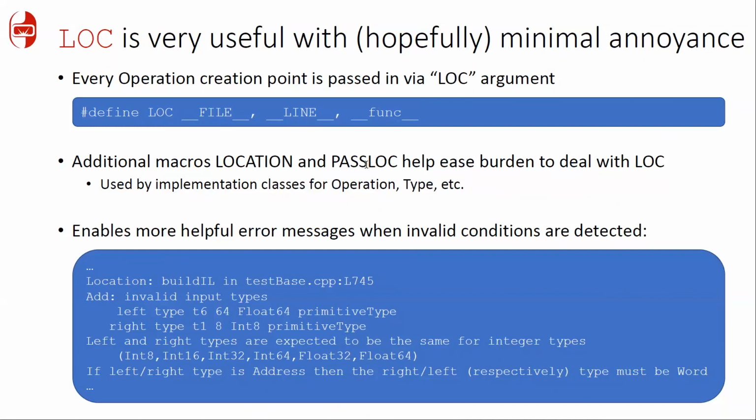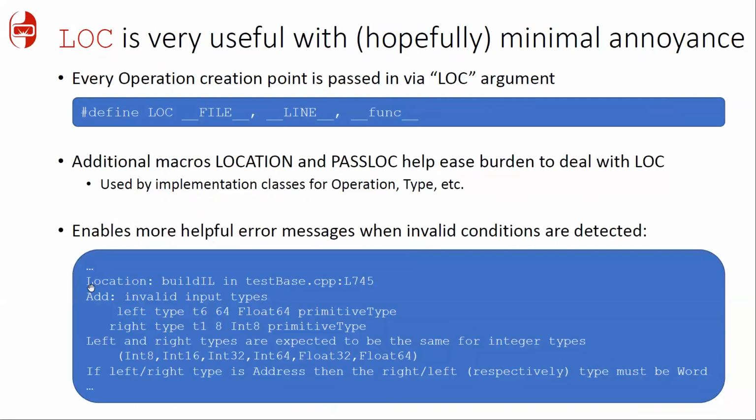So you're not trying to get the location that's inside the function, you're trying to get the location that was passed into this location. So anyway, these become very easy to use after a while. You get very used to them, and it makes it really easy to pass the location around. And it means that you can get really useful error messages when you're working with these things.